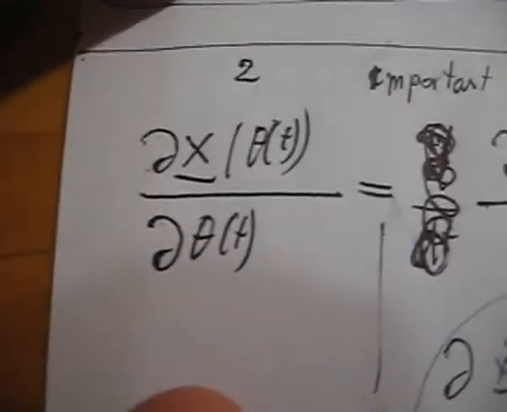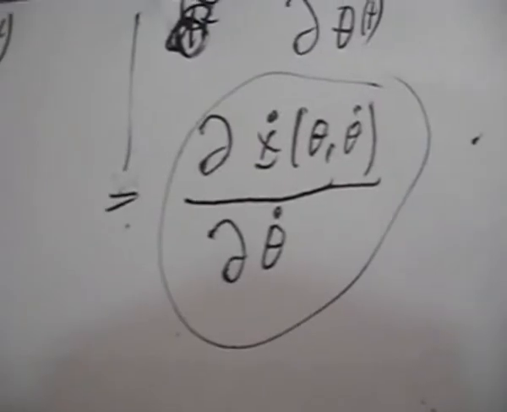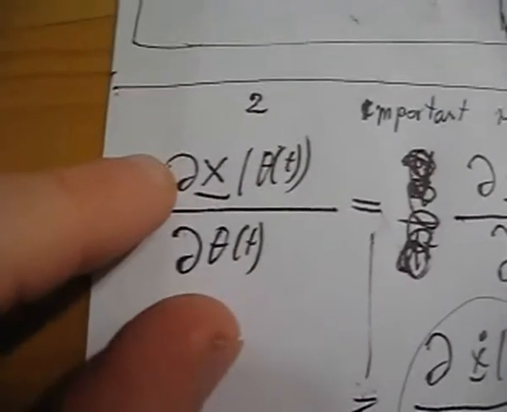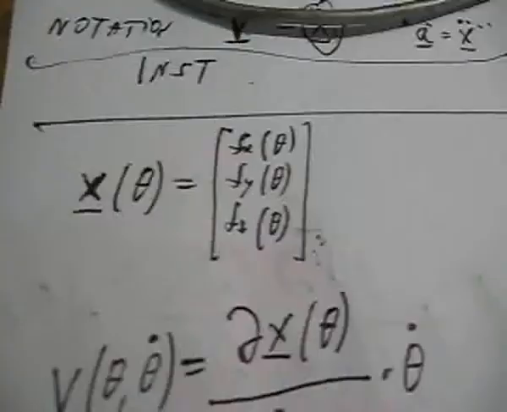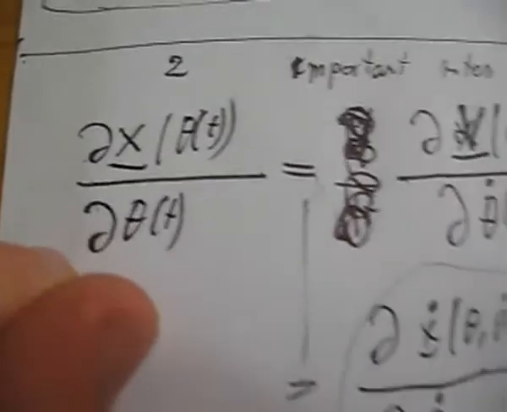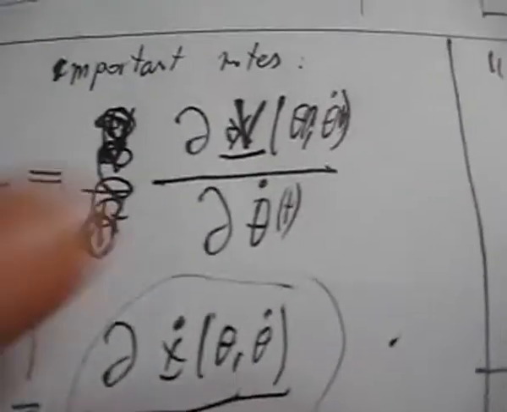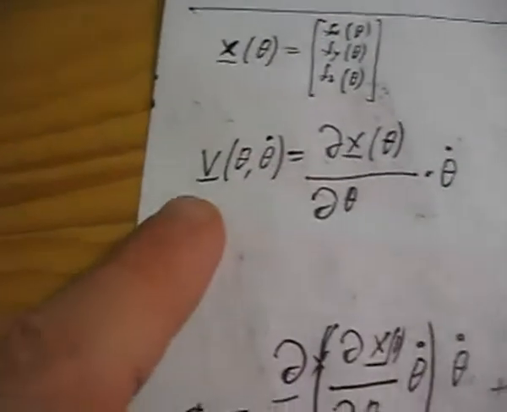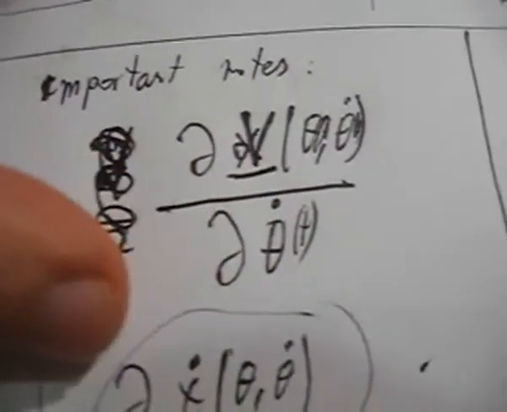And the other note is that while doing these funny rules, it's easy to note that this equivalence is just true. The derivative of the position vector with respect to the one parameter equals exactly the derivative of this with respect to the rate of change of the parameter.